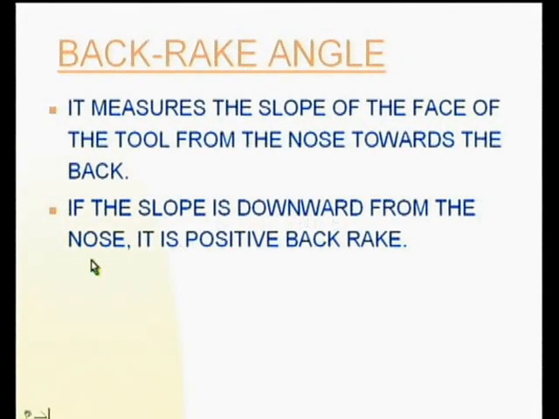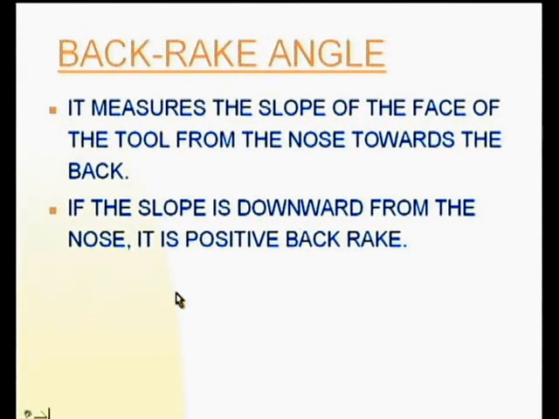So when the slope is downwards, that means from the nose going towards the back, that angle is called the positive rake angle. If the slope is downward from the nose, it is positive back rake.